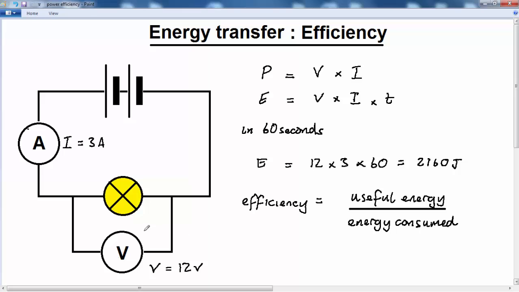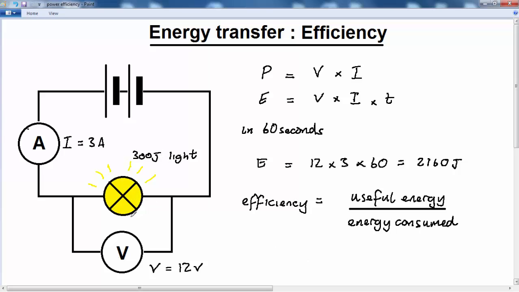So, for example, in 1 minute, 2,160 joules are supplied to this light bulb, but perhaps only 300 joules is actually converted into light. So we have only 300 joules of useful energy.